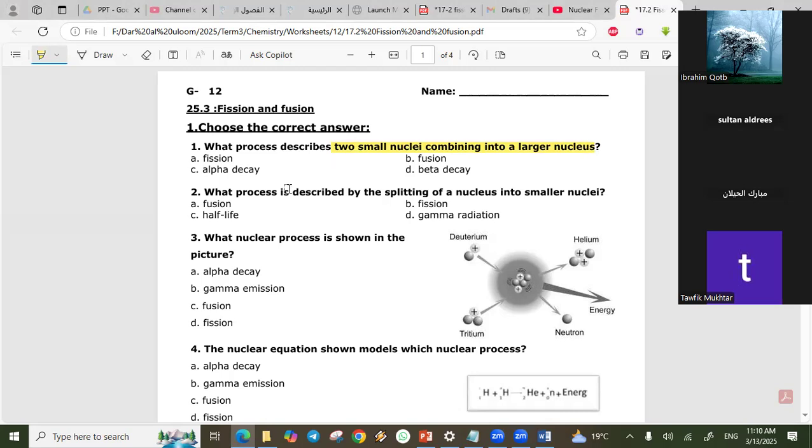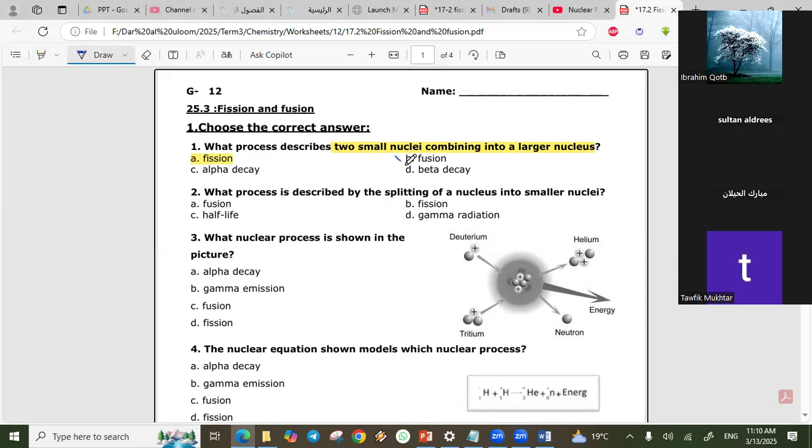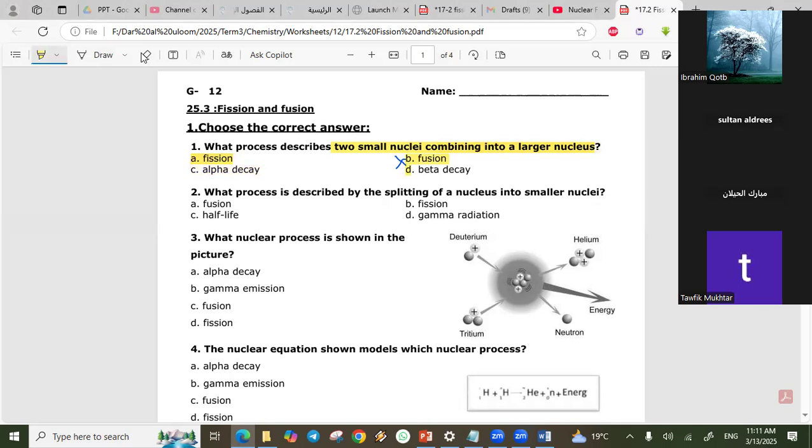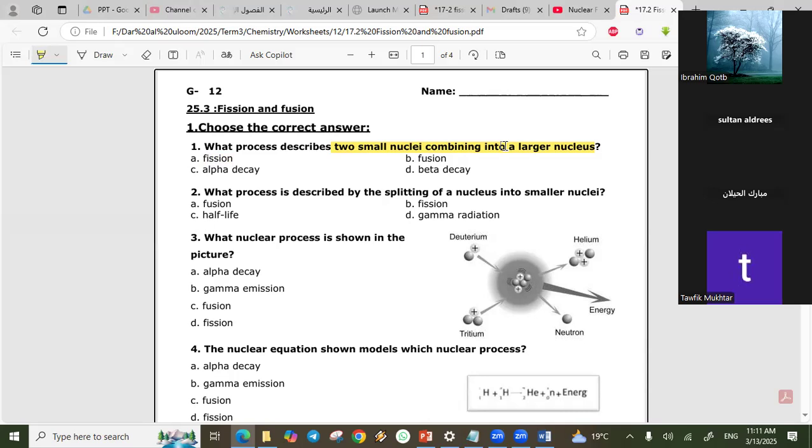Fission. Yes, excellent. This is fission. But as I said, fusion is wrong because in fusion, two small nuclei combine to form... again, let's go back. Two small nuclei combine to form a large nucleus.